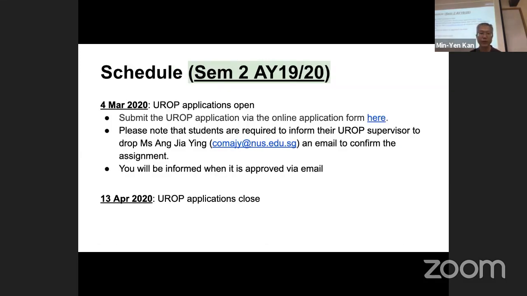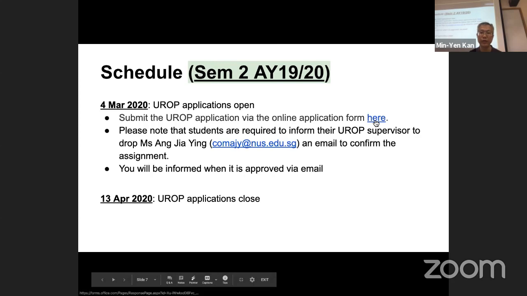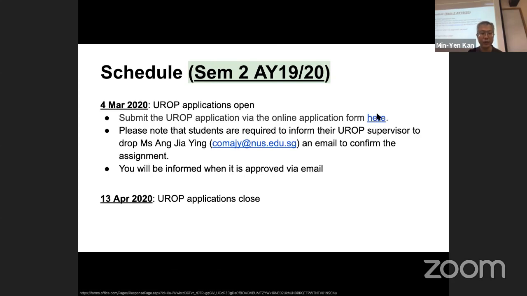So for this semester, UROP applications open today. Okay. You can submit the UROP application via the online form here. So this hyperlink is working. So again, you can go to the slide deck itself. It goes to a Microsoft Office form. Okay, you can fill that out once.